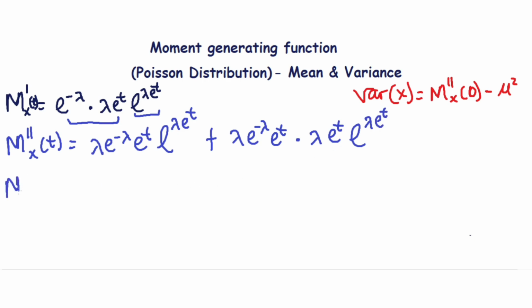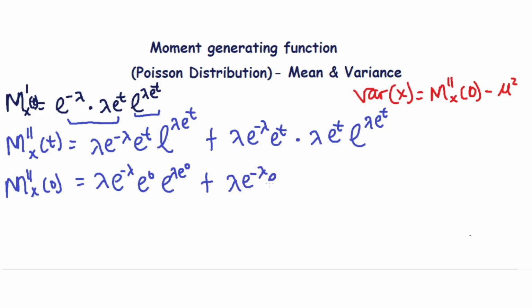Then the function back, lambda e raised to the power of t. If I take t to be 0, then we'll have lambda e raised to the power of minus lambda e raised to the power of 0, e raised to the power of lambda, e raised to the power of 0, plus lambda e raised to the power of minus lambda e raised to the power of 0 times lambda e raised to the power of 0, e raised to the power of lambda e raised to the power of 0. Then that would be lambda e raised to the power of minus lambda, e raised to the power of 0 is still 1, then I have e raised to the power of lambda.